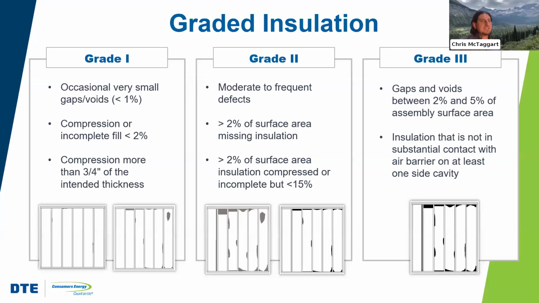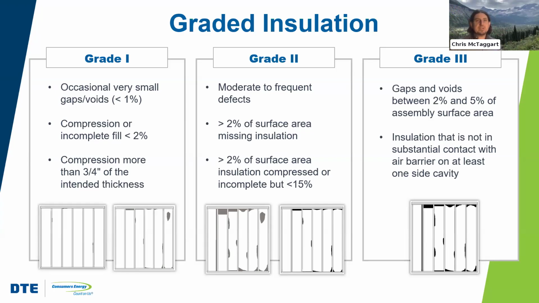In the ResNet system, we look at grading insulation, so the installation of insulation. The rub here is that for grade 1, that's the best. We're basically trying to get assemblies that have cavities that are full, side to side, top to bottom, front to back, that really have almost no gaps or voids, and then very minimal compression.